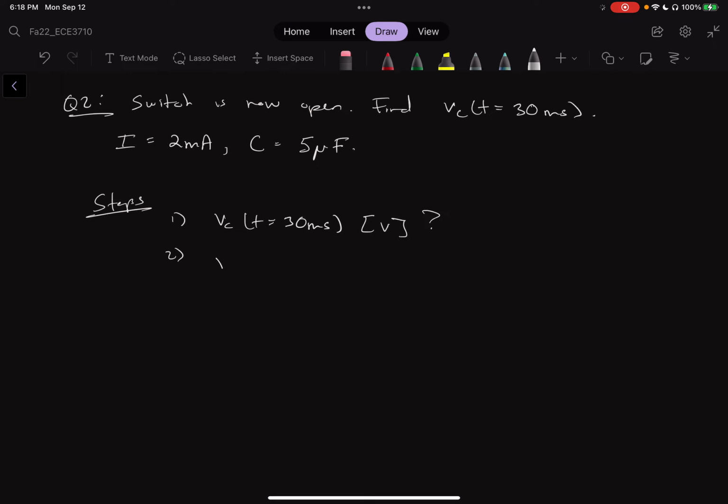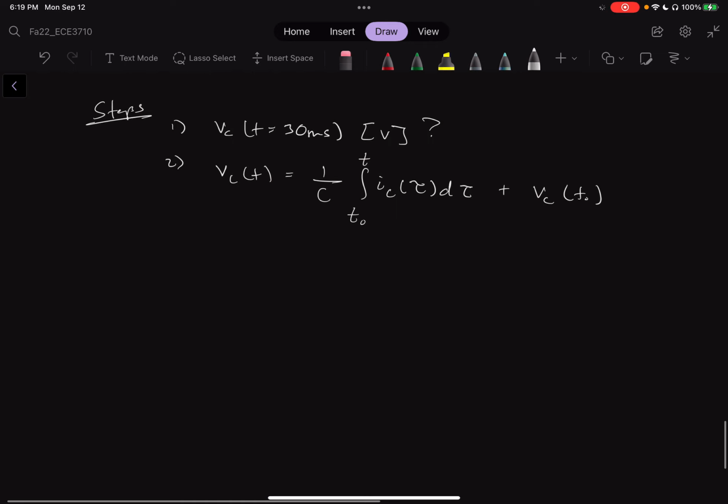Well, from my formula that I spoke about at the very beginning of this video, VC of t is equal to 1 over C, integrating from some initial time to some time of the current capacitor formula, plus some initial voltage.